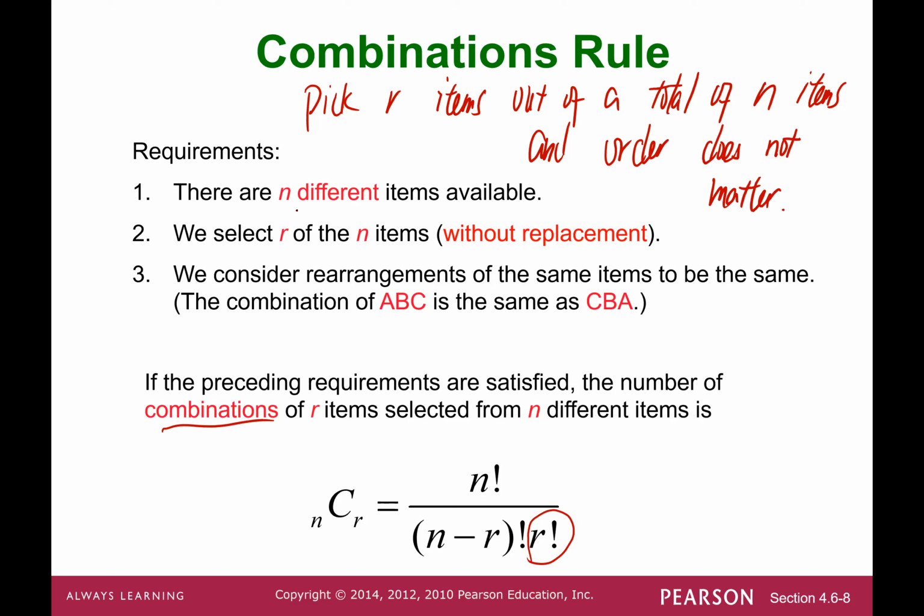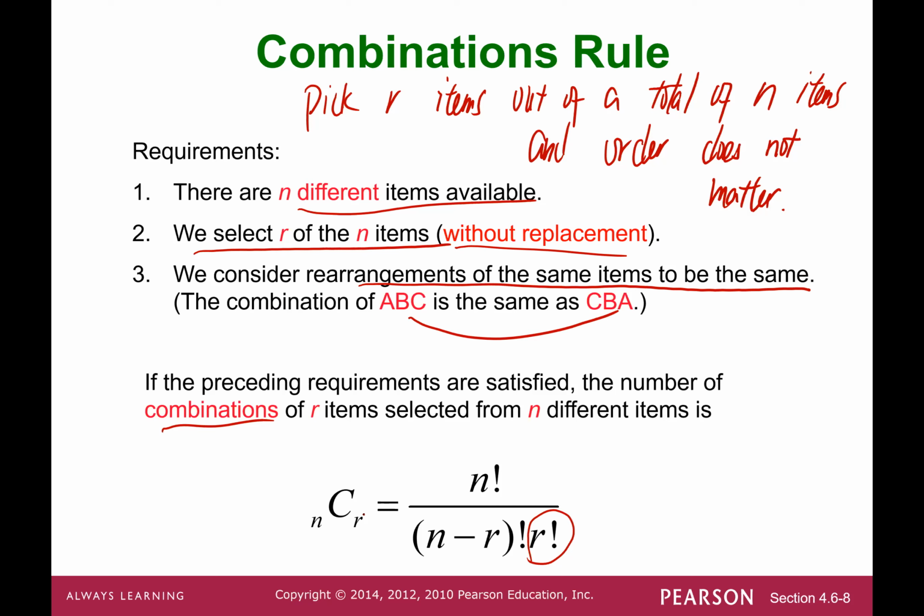So we have n different items available, select R of them out of n total items without replacement, and order does not matter, meaning rearrangement of the same items is the same. ABC is equivalent to CBA, right? No difference. So with a lot fewer choices in terms of combination. Combination and permutation are closely related.